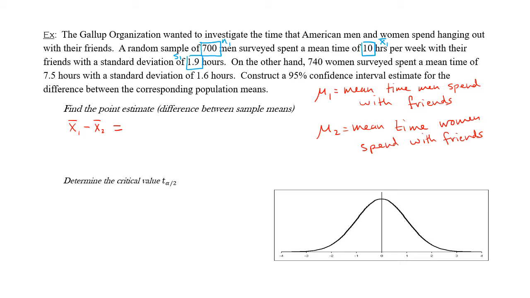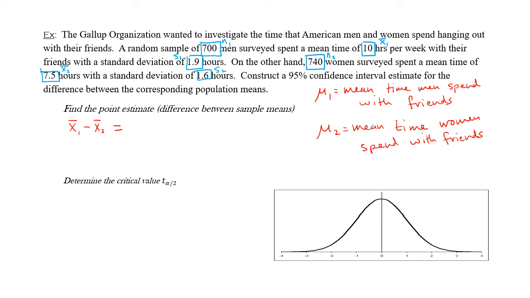And then for the sample of women, we had 740 women, so that's n2, with a mean time of 7.5 hours, so that's x bar 2. And the standard deviation of 1.6 hours, so that would be S2. And we're going to construct a 95% confidence interval.